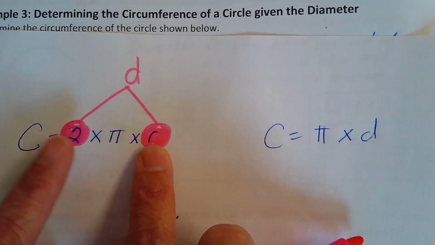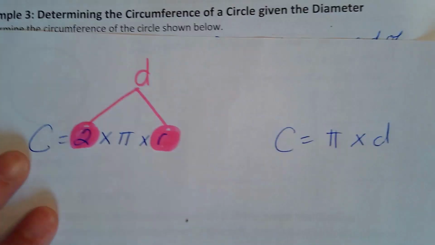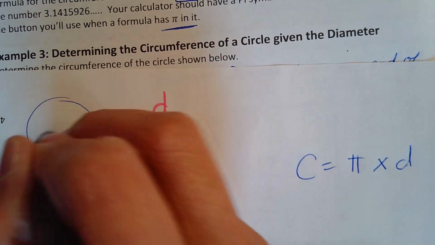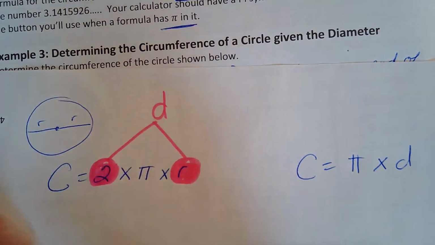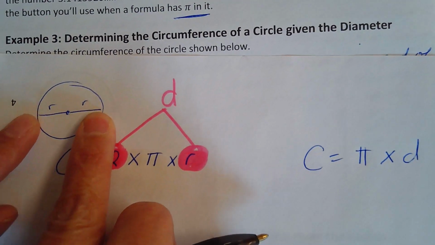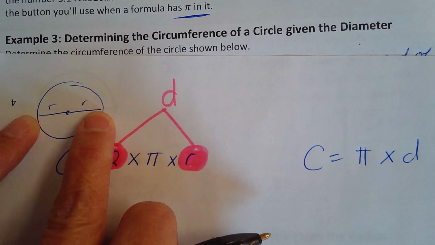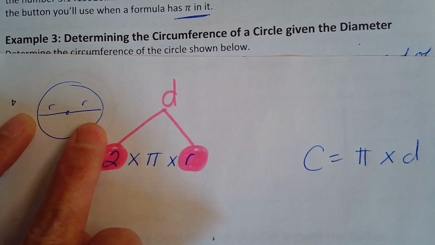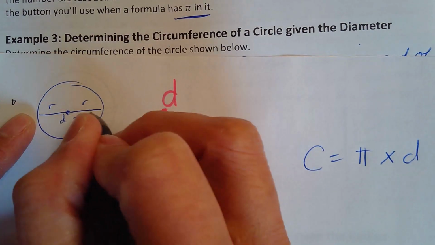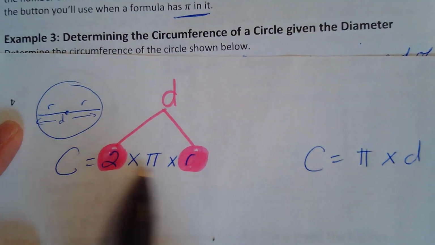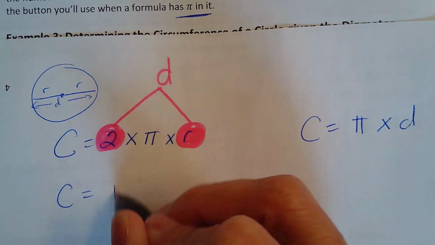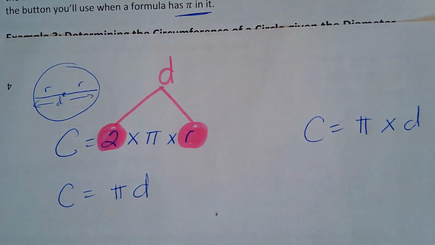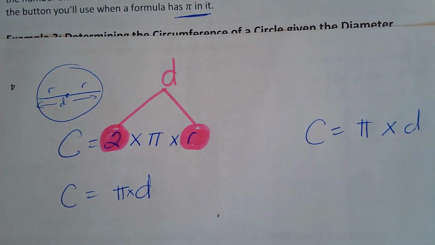So you combine the 2 times r, because we got a radius and another radius. So you got 2 radiuses. What does 2 radiuses look like? That's a diameter, right? So 2 radiuses make up 1 diameter. So we can say, hey, that's just a d. So C is equal to pi times d. That's pretty interesting.